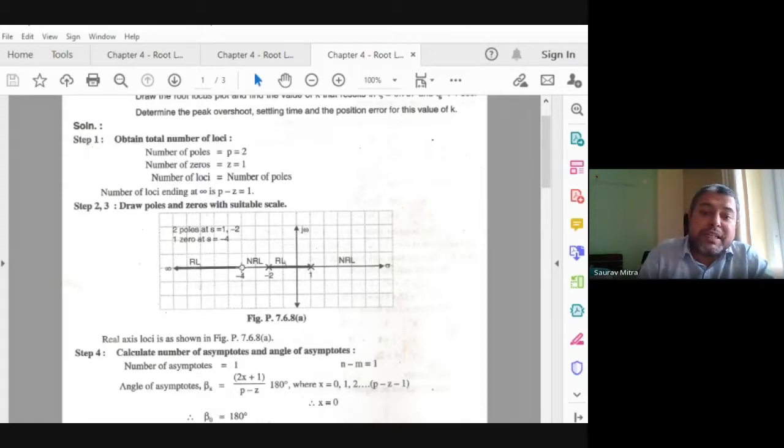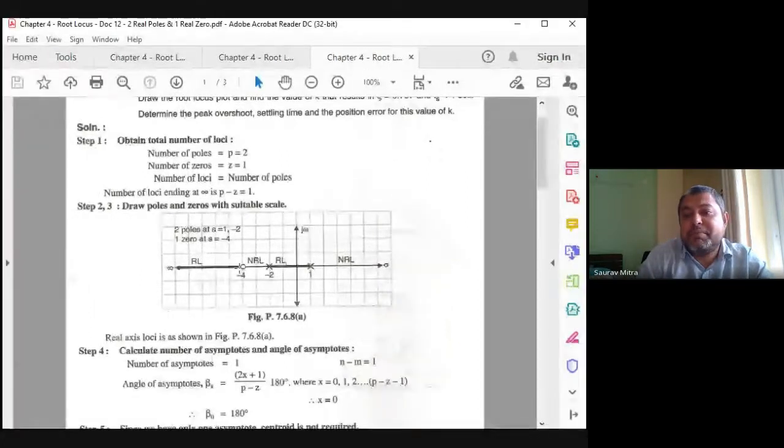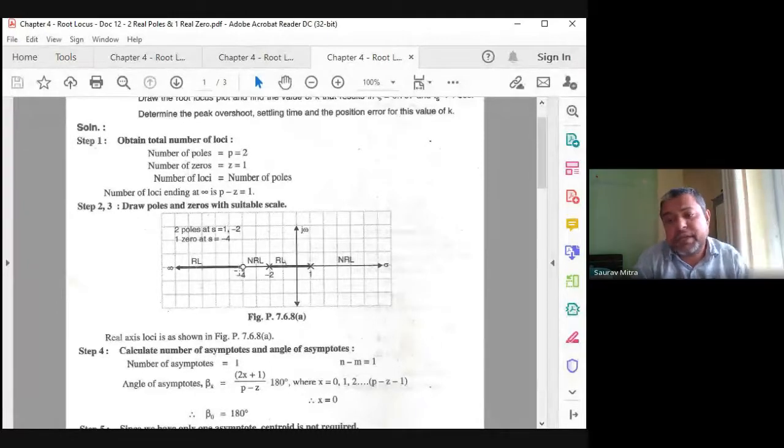Any point less than -4 going up to minus infinity, such as -5, -6, -7, -1000, -2000: look at its right side, the total number of poles and zeros is 3, which is an odd number. That means from less than -4 up to minus infinity, the whole part will be part of the root locus.